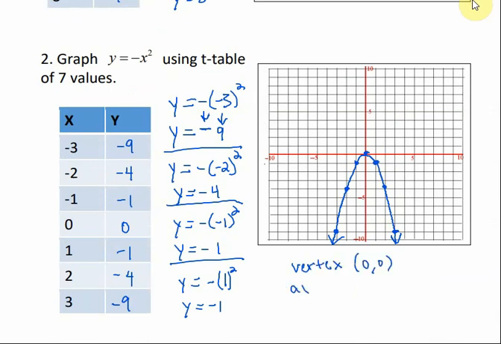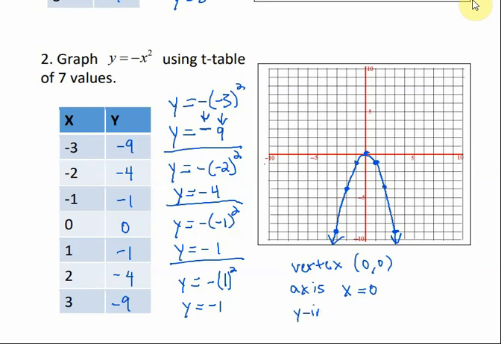The axis of symmetry, that imaginary line that splits it in half, always starts with x equals, and since it's x equals whatever the x is in the vertex, it's x equals 0. So it's that line that goes right here.